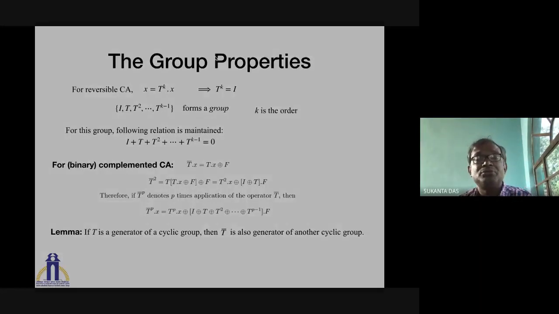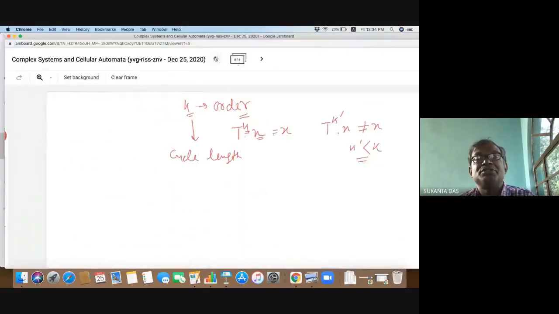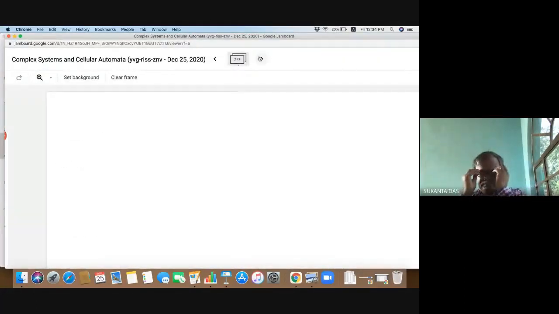So I have to go to Jamboard because the proof is not here. Please, at any point of time, if you have any query, any doubt, stop me. See what I get here. I have defined a new operator T bar, actually for complemented CA.